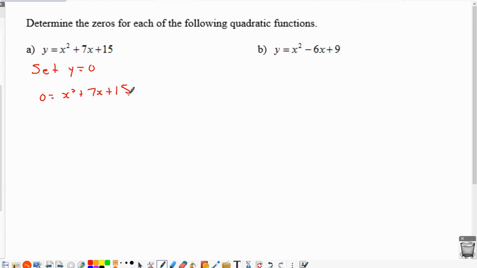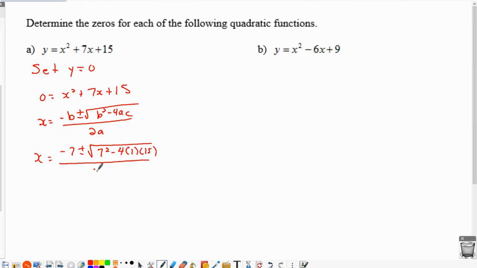Write down the formula. Show the subs. Show the simplification inside the radical. 7 squared minus 4 times 1 times 15.